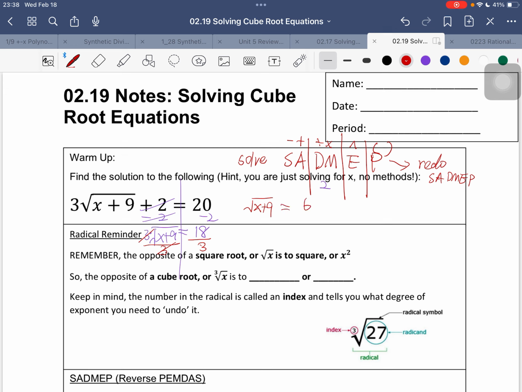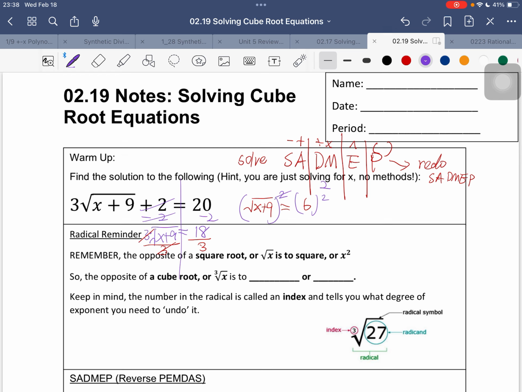Okay, now question, what is the opposite of square root? The opposite of square root is square. So all I need to do is to square both sides of the equation to remove the square root.